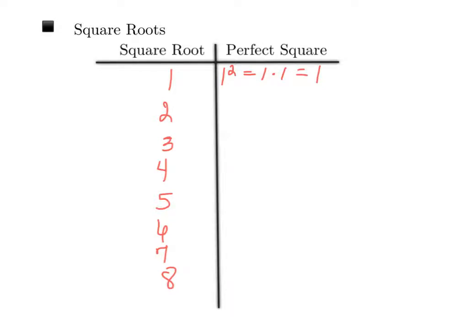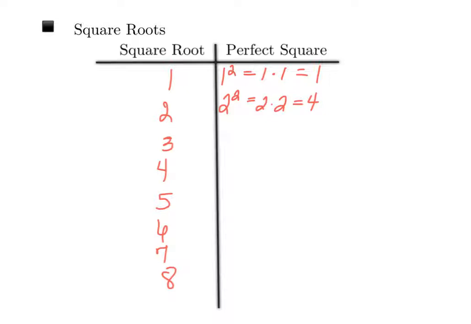So for a square root of 1, 1 is also the perfect square. I'm going to do the same thing for 2. To find the perfect square of 2, I'm going to square it. 2 squared means this big base 2 times itself. So 2 times 2 is 4.